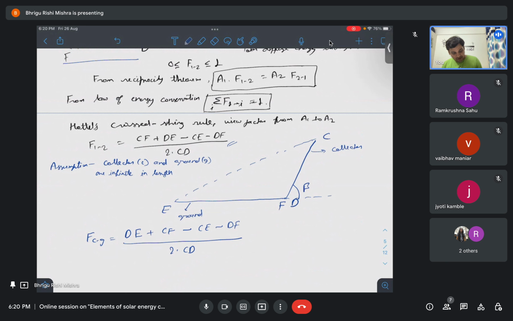Now since we have considered here that D and F coincide, DF will be 0. And also since D and F are coinciding, CF equals CD.